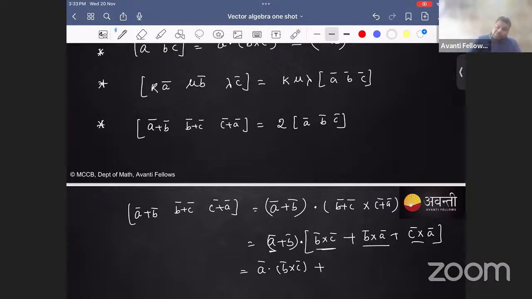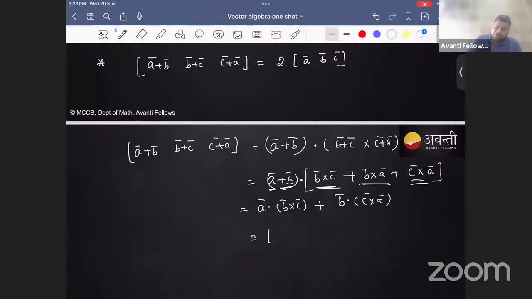A dot C cross A is 0, then B dot B cross C is 0, B dot B cross A is 0, and then B dot C cross A. So this is what? Box ABC. The order is changed, but it's the same as BCA, so that is also box ABC.